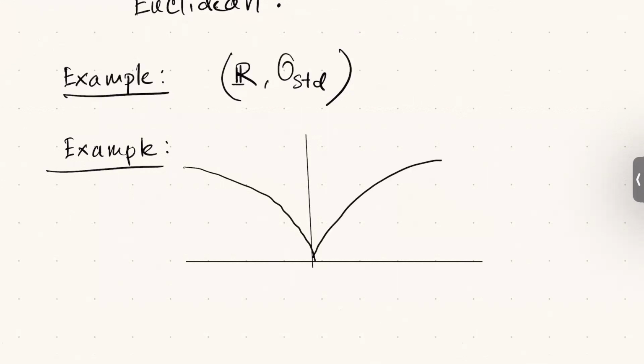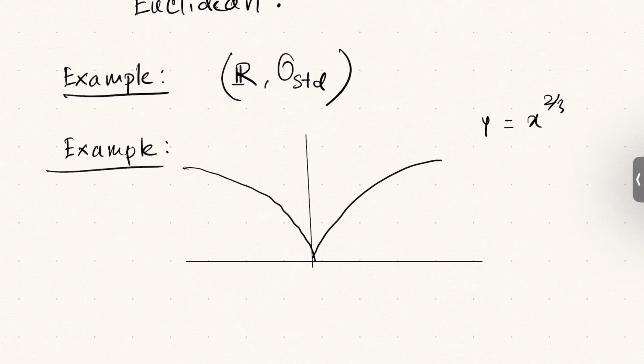This is an equation of the form y equals x to the power 2/3. First of all, is this set given by the equation y equals x^(2/3) a topological space? It is, right?